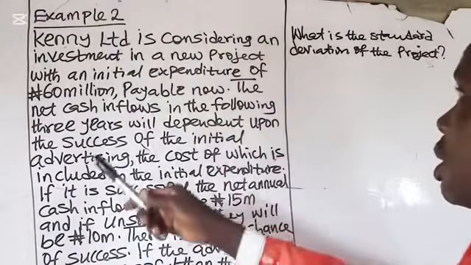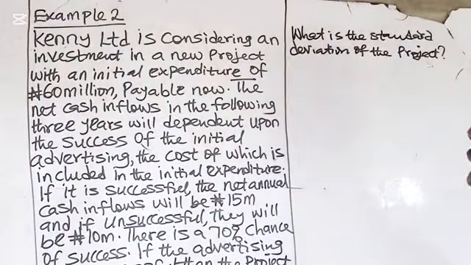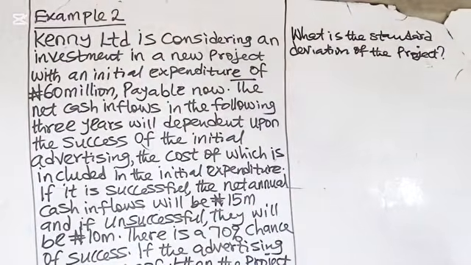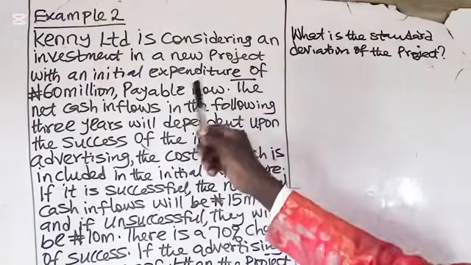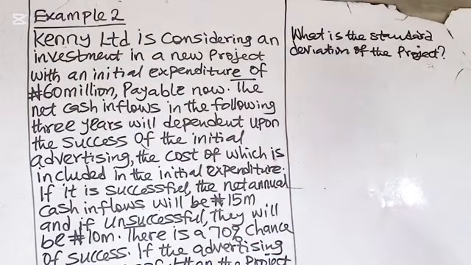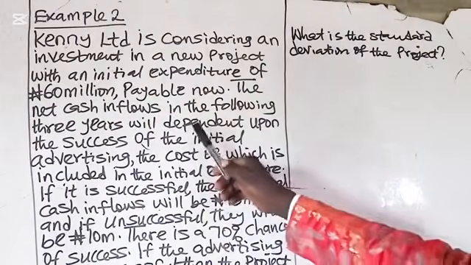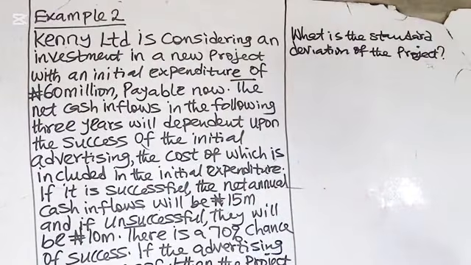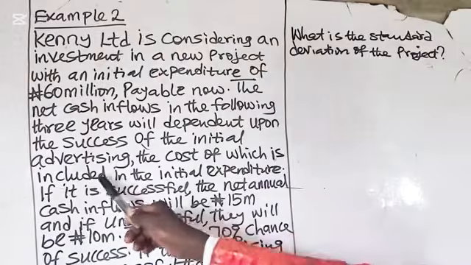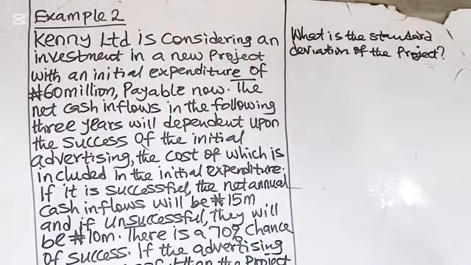Example 2. Kenny Limited is considering an investment in a new project with an initial expenditure of 60 million naira payable now. The net cash inflows in the following 3 years will be dependent upon the success of the initial advertising, the cost of which is included in the initial expenditure.